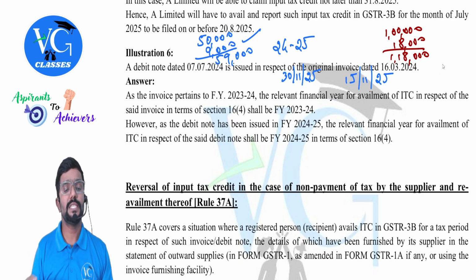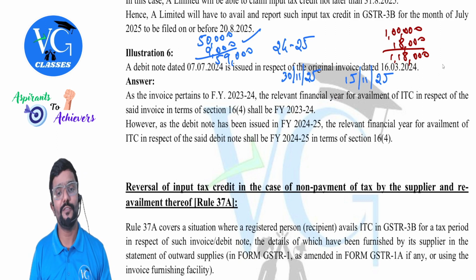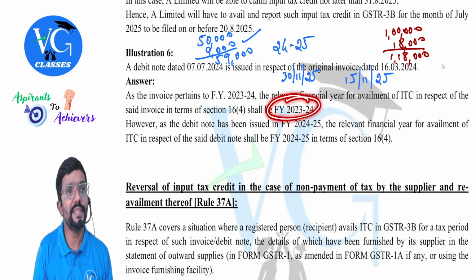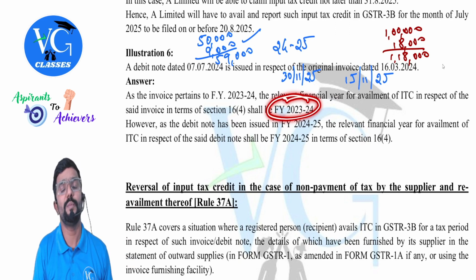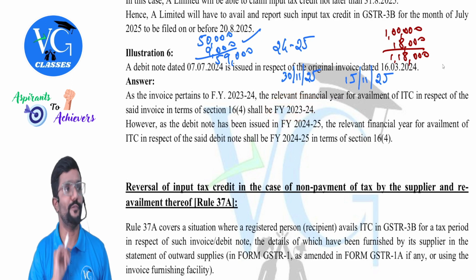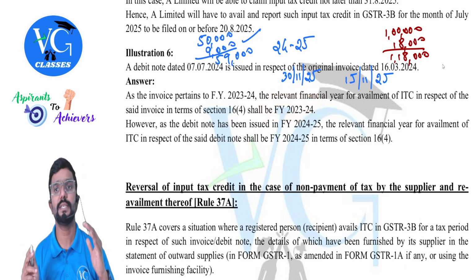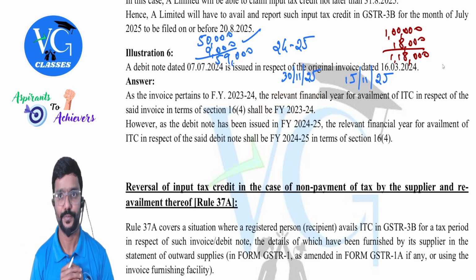As the invoice pertains to financial year 23-24, the relevant financial year for availment of ITC in respect of said invoice would be financial year 23-24. When I take 30th November of next year, it would be 30th November 2024. And we also need to check when the annual return for this year is filed. Compare both the dates, take whichever is earlier.